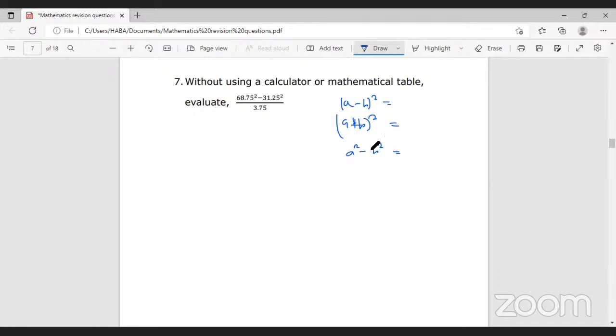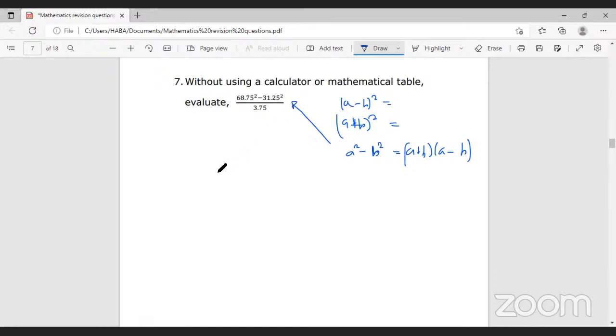Factorization. Yes. So what is A squared minus B squared equal to? It is equal to A plus B bracket A minus B. So this is what we are going to apply here.